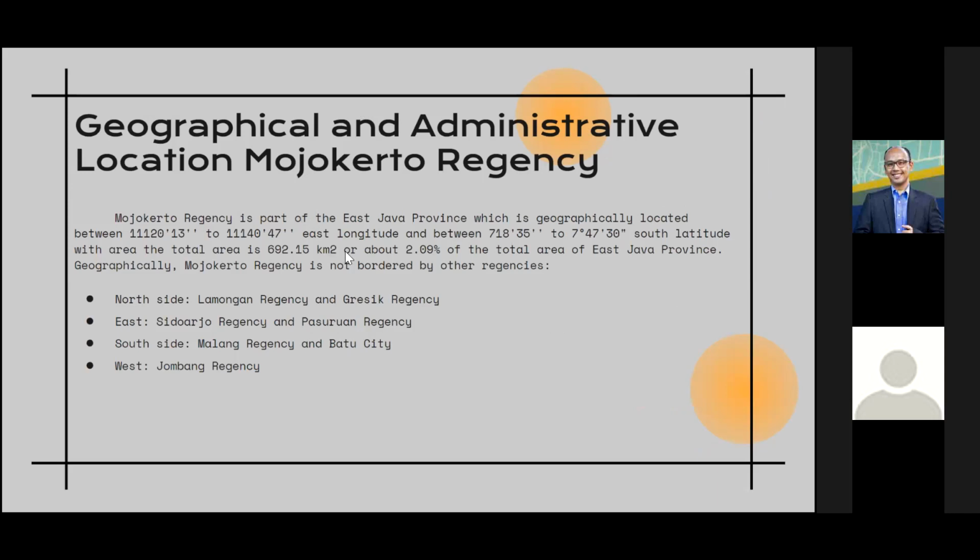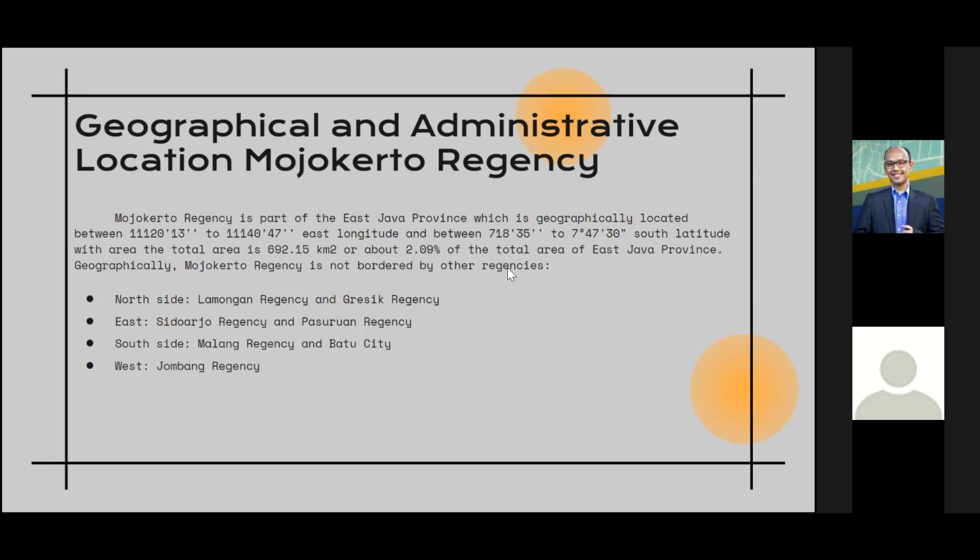Okay, Mojokerto Regency is part of East Java province, with a total area of 6,692.15 square kilometers, or about 2.9% of the total area of East Java province.